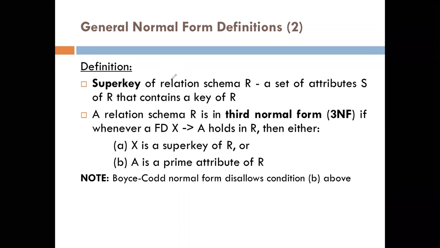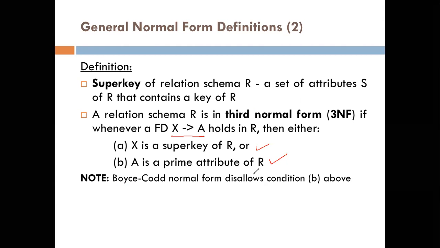A schema R is said to be in third normal form if whenever a functional dependency like X determining A holds, then either X is a super key of R or A is a prime attribute of R. It's a reverse.